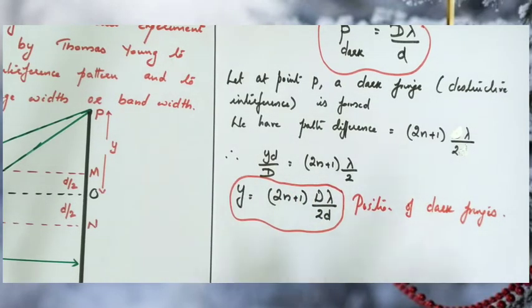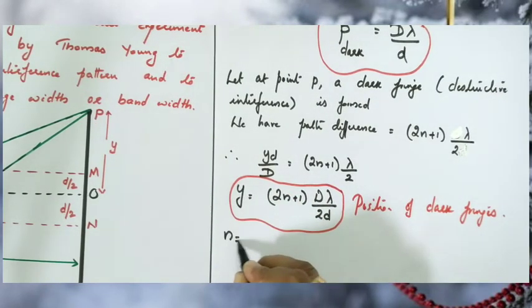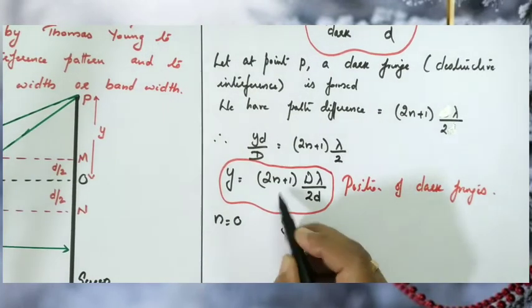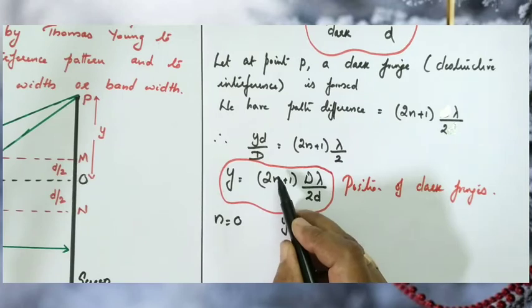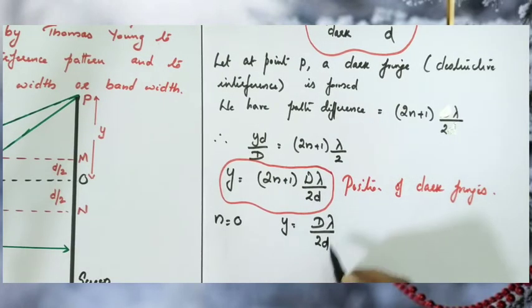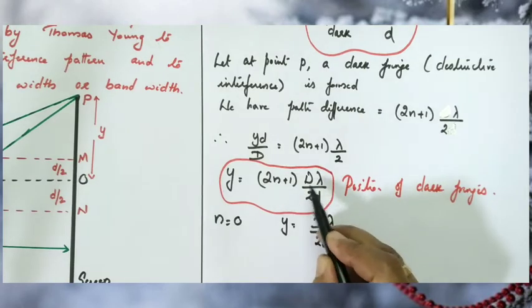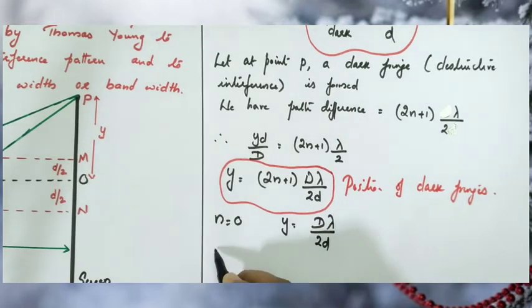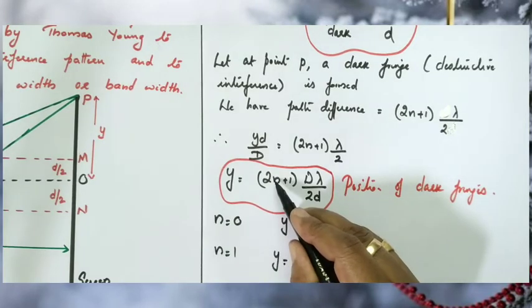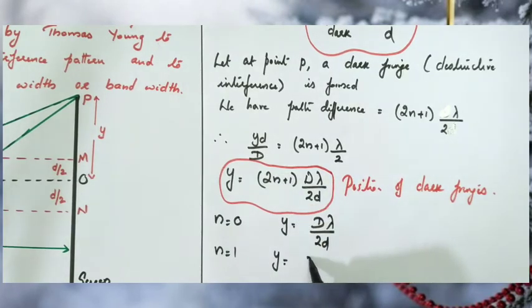Now we can put n equal to 0. What is y? Y becomes D lambda by 2d, isn't it? The answer is y equal to D lambda by 2d. Put n equal to 1. What is y? Y is equal to 3 D lambda by 2d.